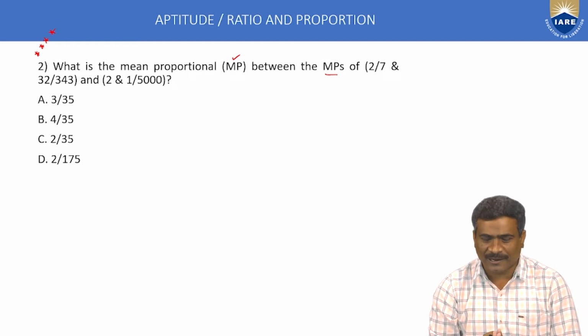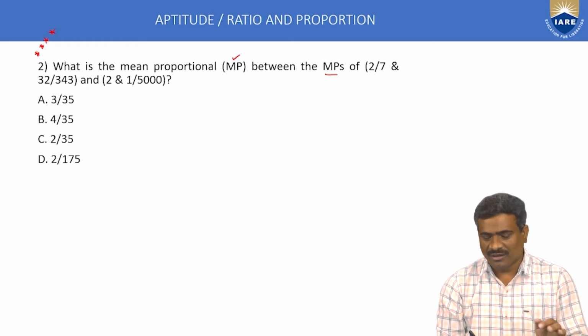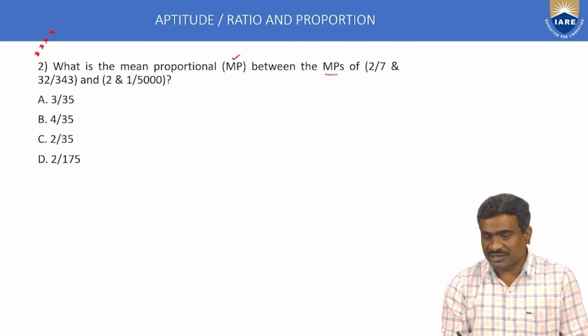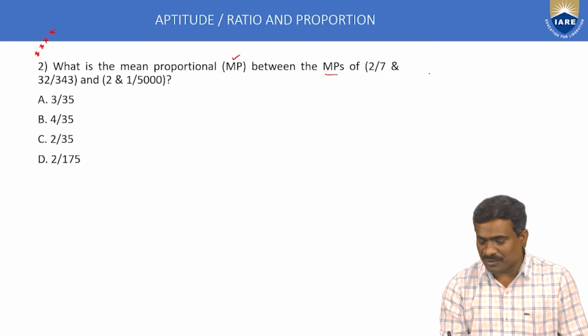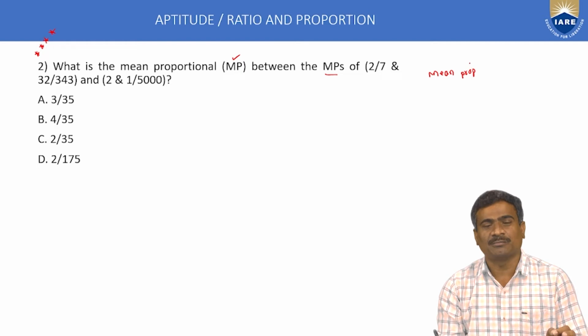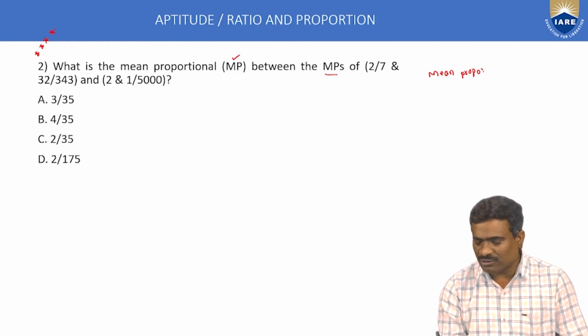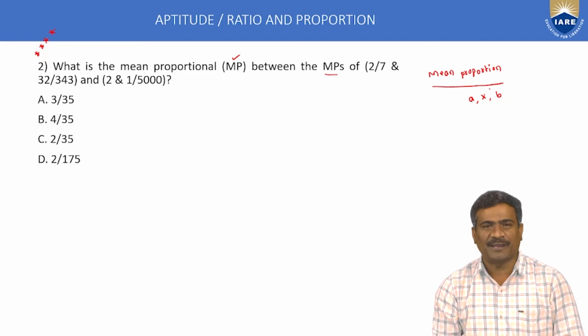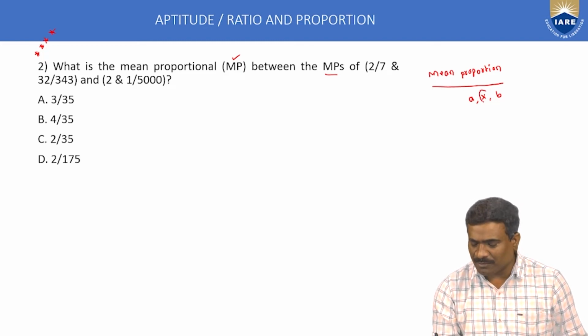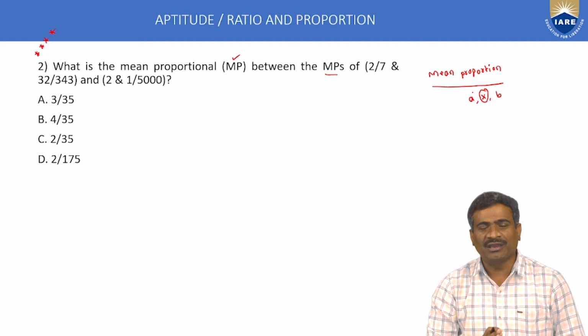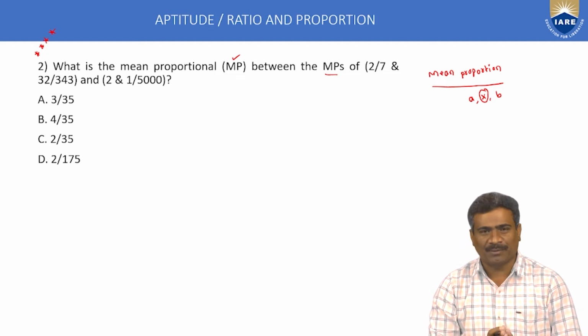Important example. Method: what is mean proportion? Definition of mean proportion: mean is equal to average, and average is nothing but the middle number. To find the middle number by using proportion, consider the number as x. Let the numbers be a, x, b. We want the middle number by using proportion. Mean indicates the middle number.